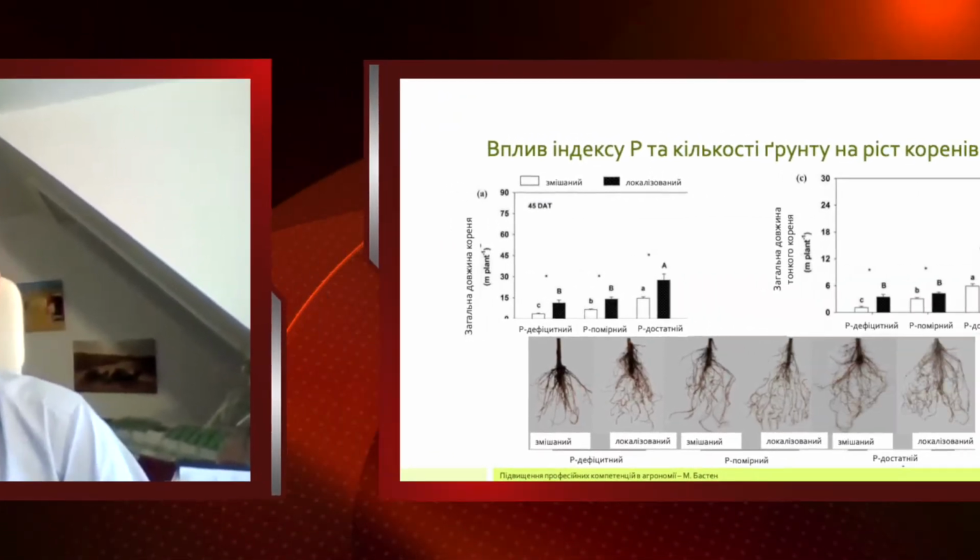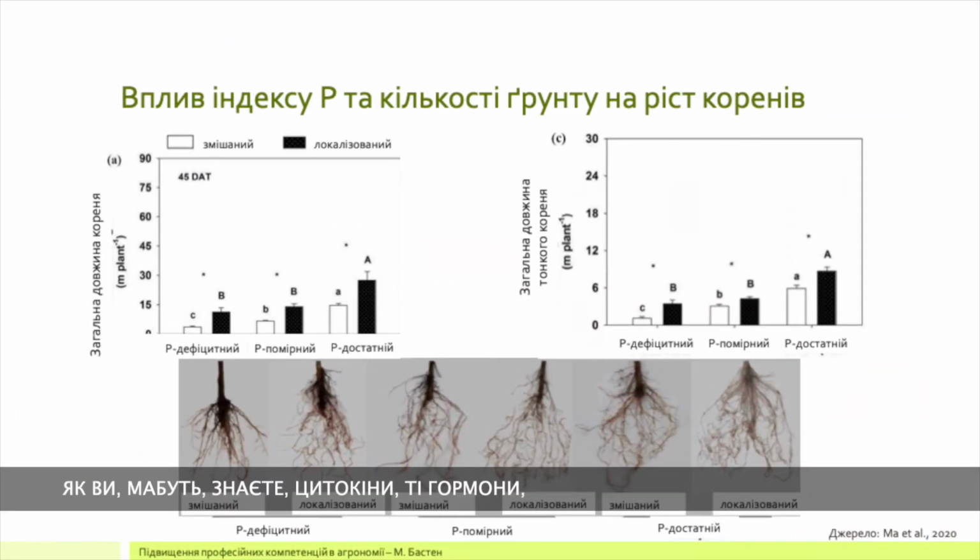But as I already have mentioned, root growth is interesting for water and nutrient uptake, but also root growth, root branching contributes to changing the phytohormonal status of the crop. As you probably know, cytokinins, the hormone which is responsible for cell division, is formed in the root tips and then translocated into the shoots.